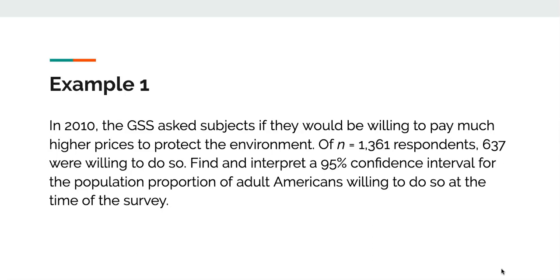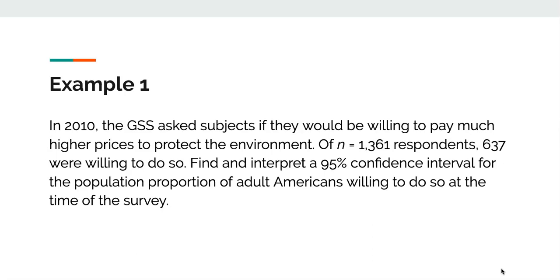But let's see. Of n equals 1361 respondents, so they went around and asked 1,361 people, right? 637 were willing to do so. Here's what I wonder. What's the percentage? On my little cell phone calculator, guys, I am doing 637 divided by 1361, and I got 46.8%, 0.468.